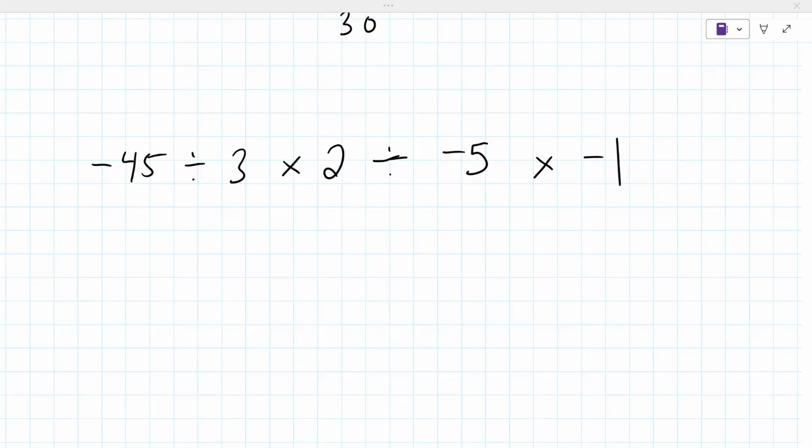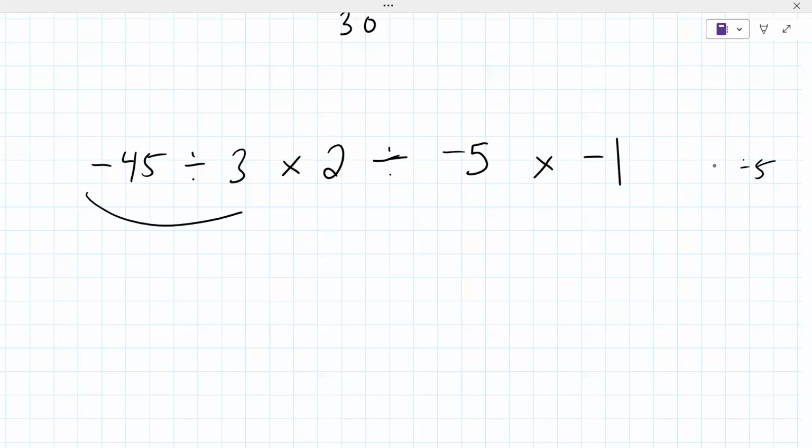So this is -7 divided by -5 times -5, 7, 14, 35. Once negative times -5 equals -5. My answer is -5.